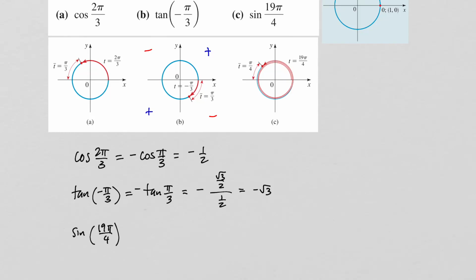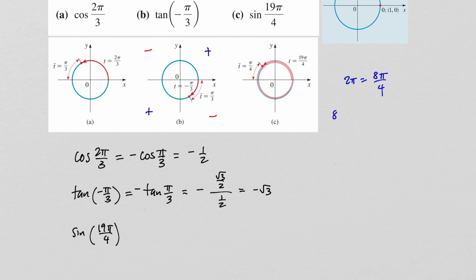And finally, for the third one, the sine of 19 pi over 4, we have to ask ourselves, what is the angle or the value 19 pi over 4? Well, we should know that every time you go around the unit circle, that is an angle of 2 pi, and 2 pi is the same as 8 pi over 4.